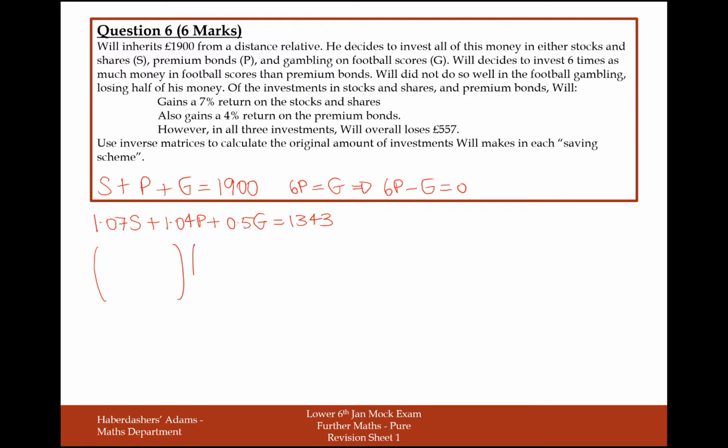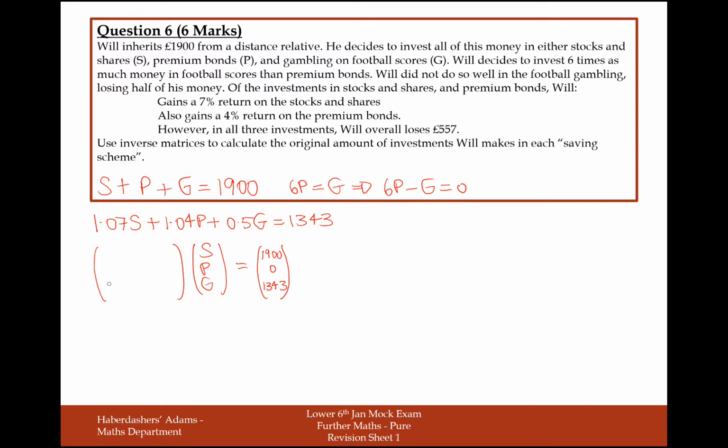Okay, so the next step is going to be making these matrices. So, my three variables were S, P, and G, and my three answers were 1,900, 0 from the second equation, and 1,343. Now the main matrix at the front here is going to be made from the coefficients on the three equations.